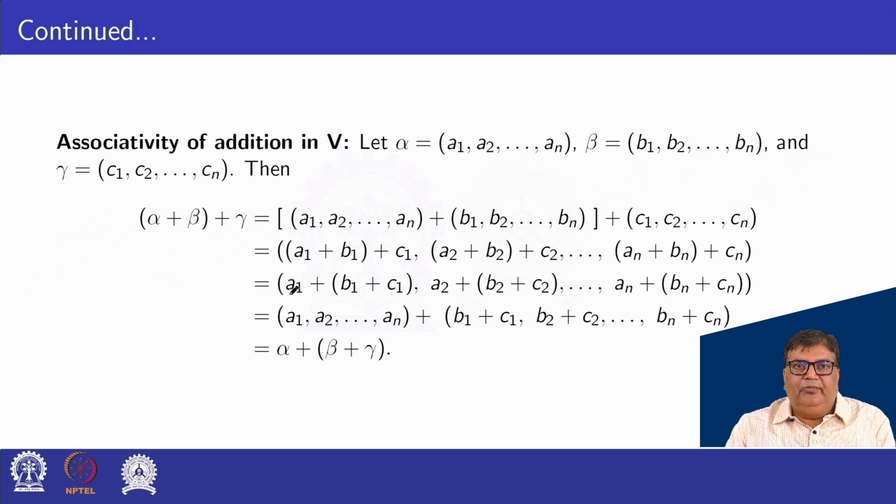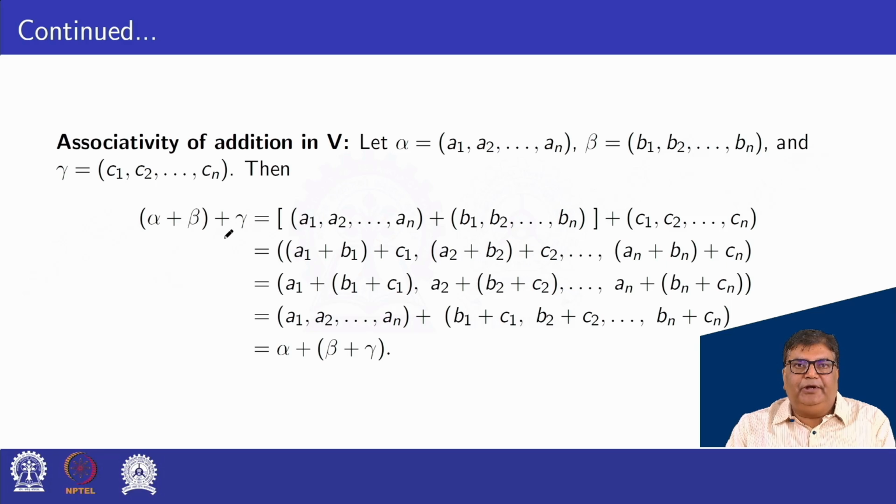Therefore, (a1, a2, and so on, an) in tuple plus another tuple (b1 plus c1, b2 plus c2, and so on, bn plus cn). So (b1 plus c1, b2 plus c2, and so on, bn plus cn) can be written as beta plus gamma, and (a1, a2, and so on, an) as vector alpha.